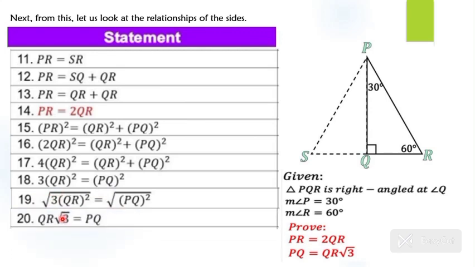So the remaining will be QR square root of 3 is equal to PQ. So this means that our PQ is just equal to our QR square root of 3. So by that, we have proved that our PR is equal to 2QR and our PQ is equal to QR square root of 3.